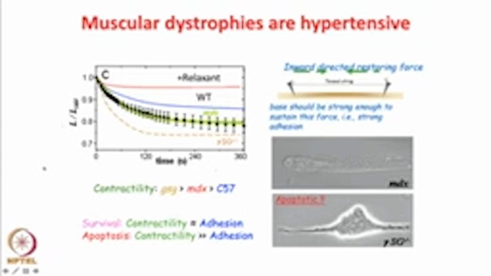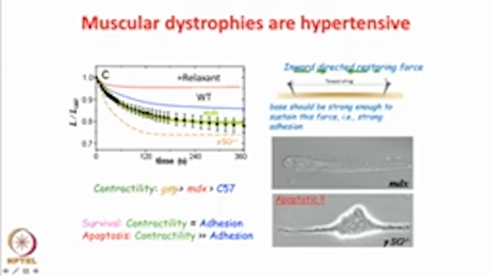What this experiment suggests is survival. In MDX, though the disease is very lethal, there are no survival issues. Eventually patients die of organ failure, and this is a case where the forces which the cells are exerting are reasonably balanced by the adhesions which the cell is able to form with its substrate.